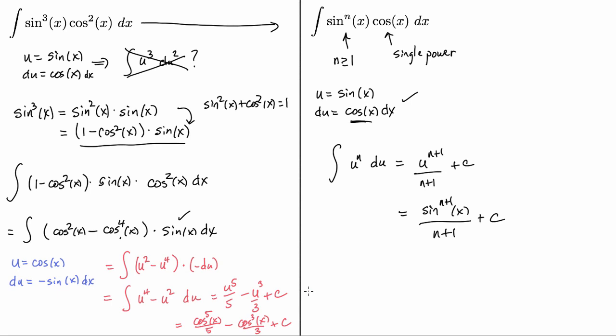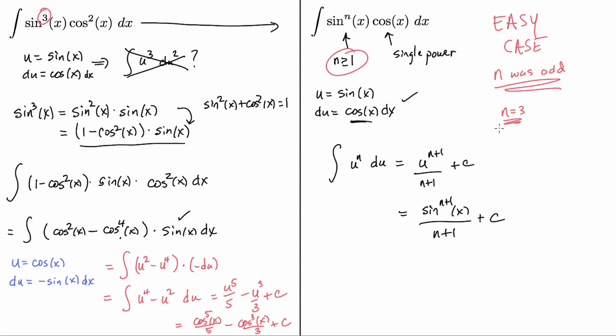So this is considered to be the easy case, and the reason it's the easy case is because the power was odd. So you see over here, the power that we were trying to reduce was an odd power, n equal to 3 in this case. Because of that, this works really well.